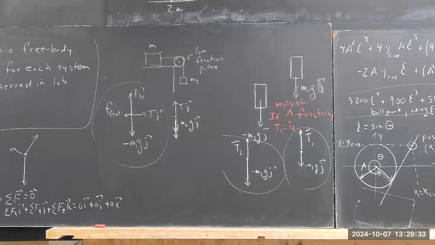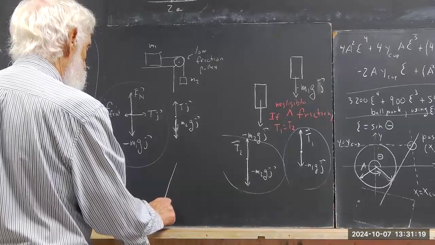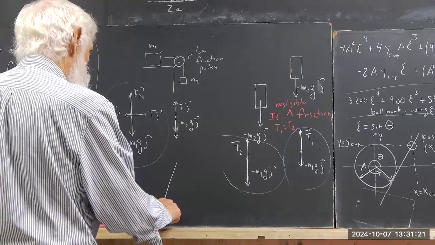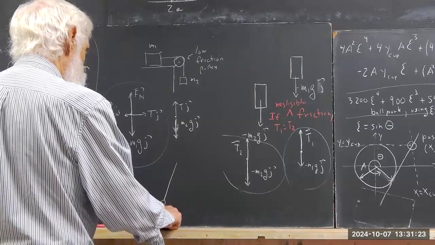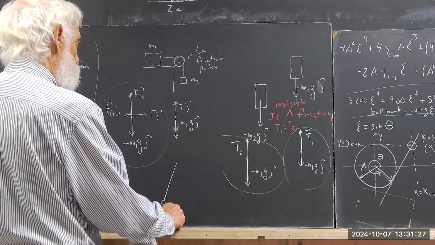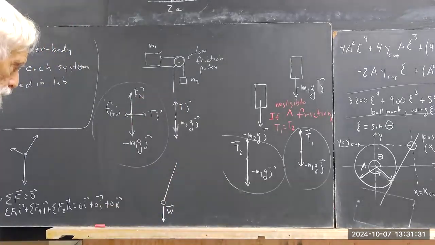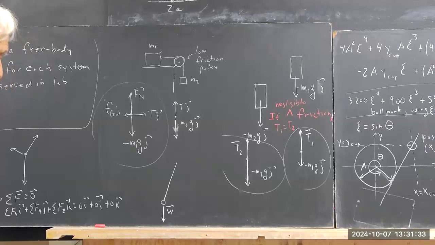Let's just have you think about a pendulum. Okay, now if it's a pendulum away from equilibrium, and you've got the weight, I'll just use W for the weight, but you could do MV times the J vector if you want, and that might be fine.